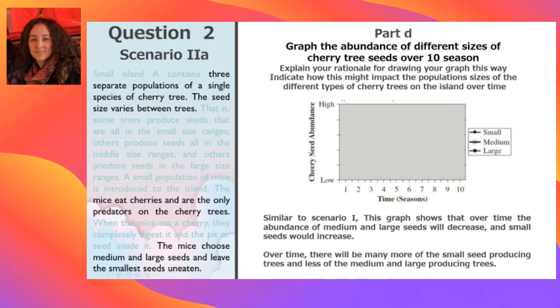Again, this is because each tree is only producing one range of sizes, and we are selecting against the large and the medium size seeds, so less of those seeds will be able to sprout new trees and start new generations.